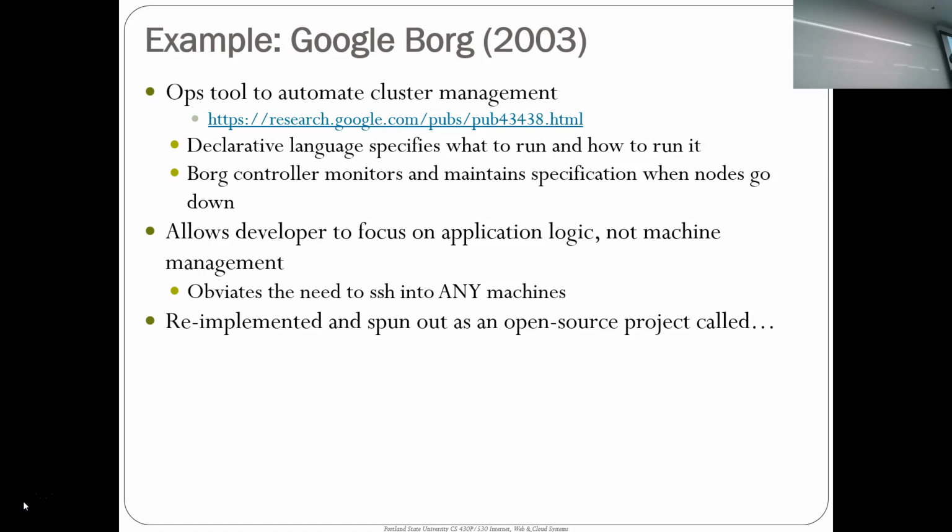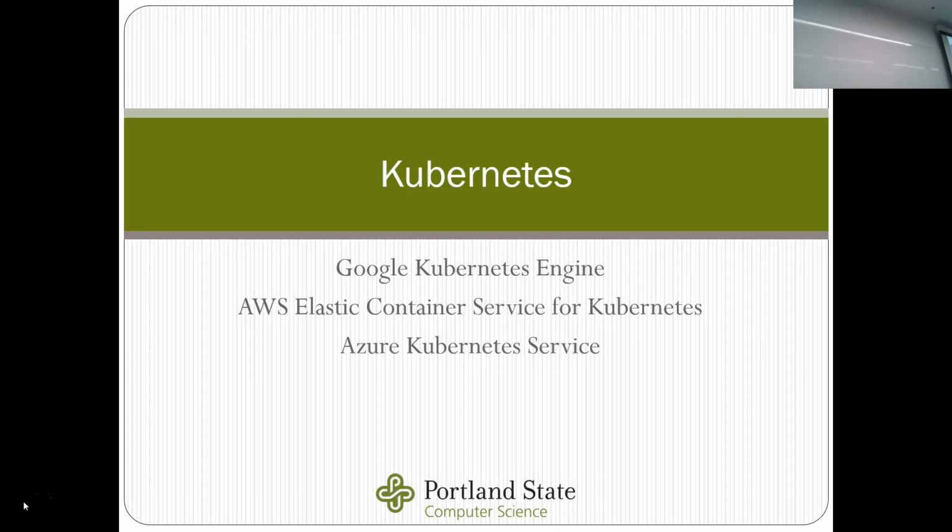The application developer is good at developing applications, not necessarily good at managing all the different parts of the infrastructure. Okay. So this got re-implemented and spun out as an open source project called Kubernetes. And Kubernetes is what we're going to work on in this class. This piece of software has implementations on all 3 of the major providers, Google, AWS, and Azure.